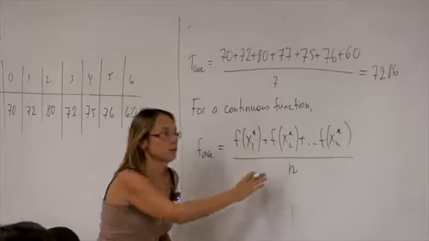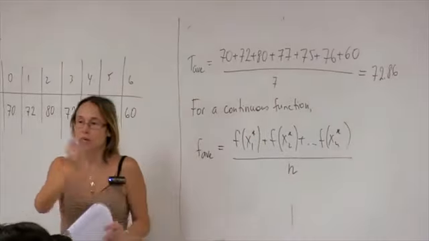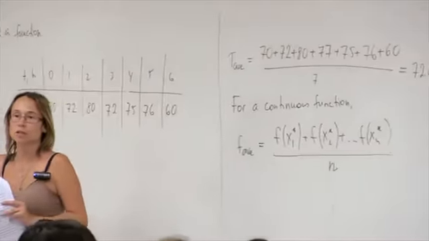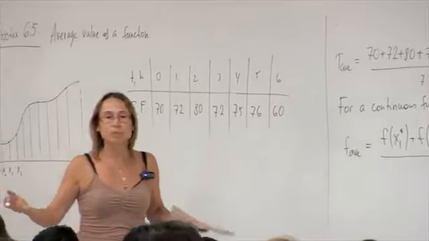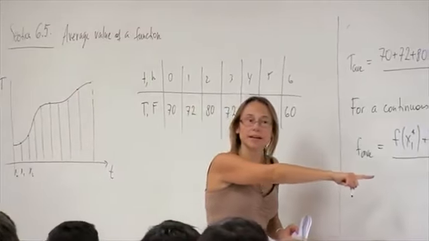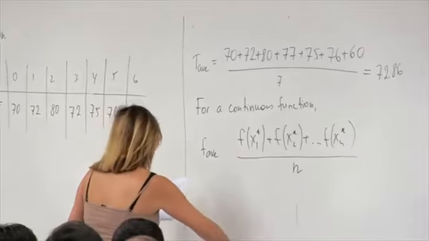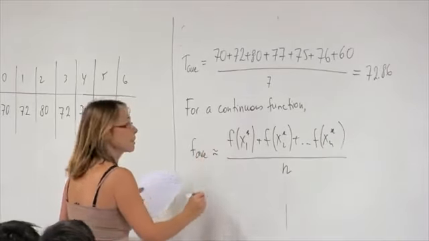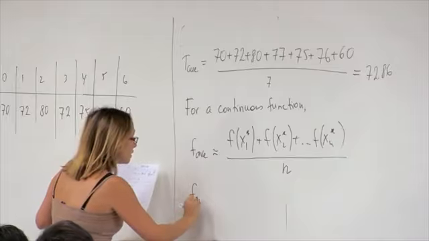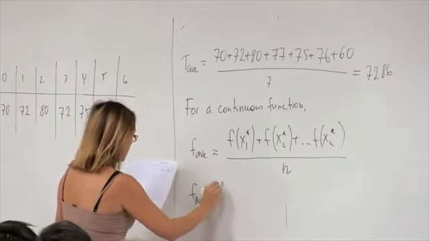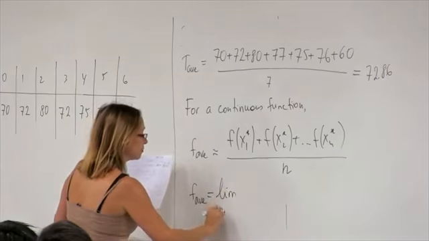Okay? These are sampling points. I have a partition. I measured the temperature for each of the intervals. I add them up and I divide by how many I have. Okay? So this is approximate. Okay? And I can take the limit to make it exact.